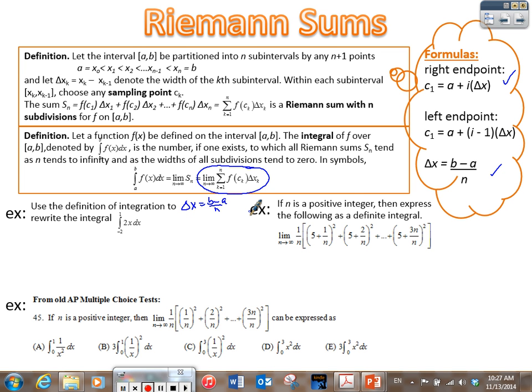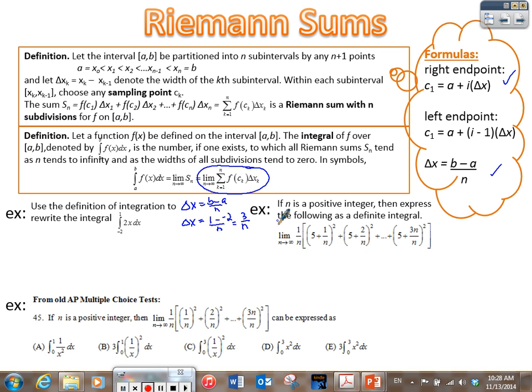And so according to our integral, delta x is going to equal b is 1 minus a is negative 2 over n. So delta x is 3 over n. Okay? Delta x is 3 over n. So that's the first piece of information we need.